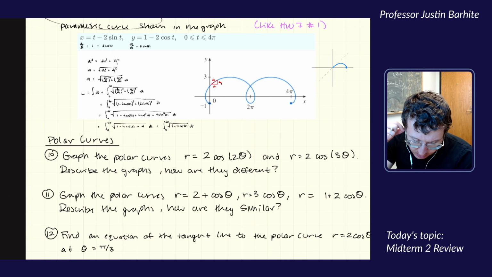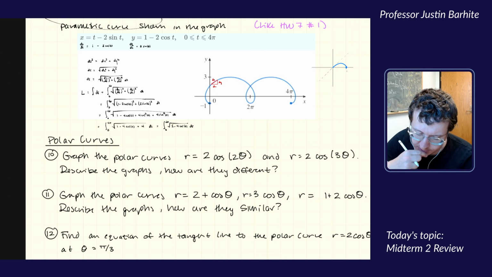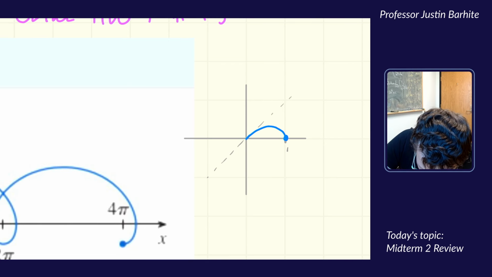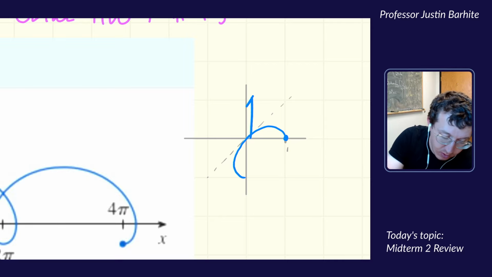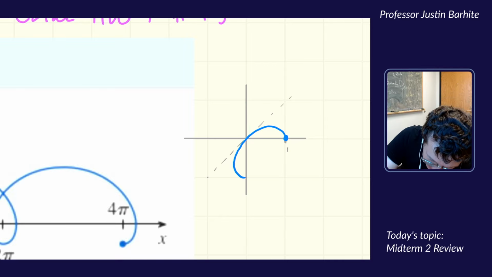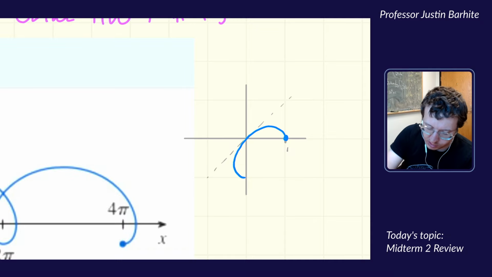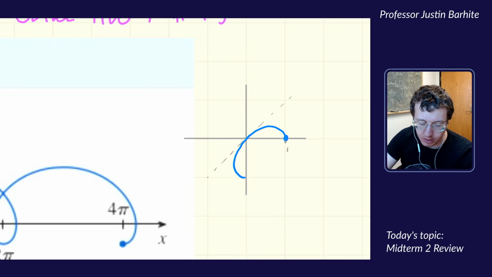And then what happens next? Cosine continues decreasing to -1. That's going to look like this. We're now at the point pi over 2 with a radius of -1. So we're actually down here at 0, -1.